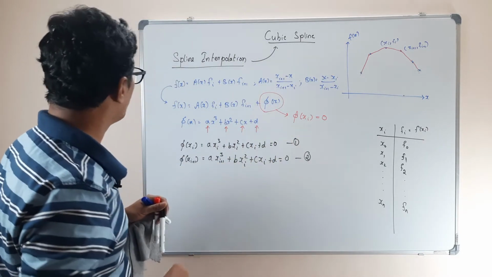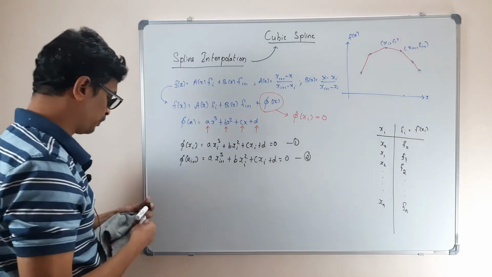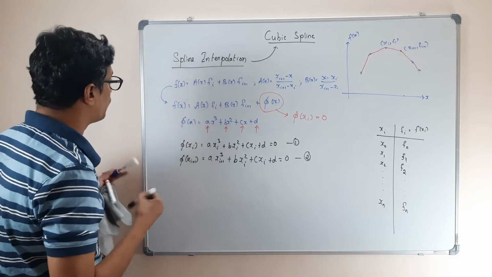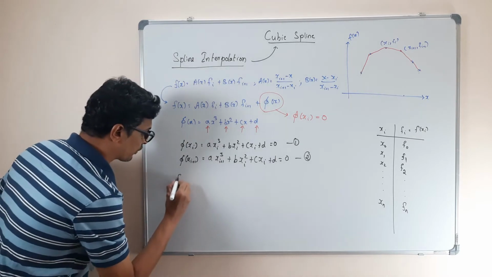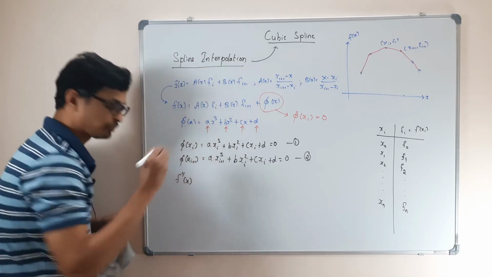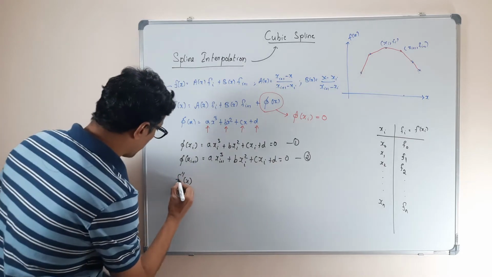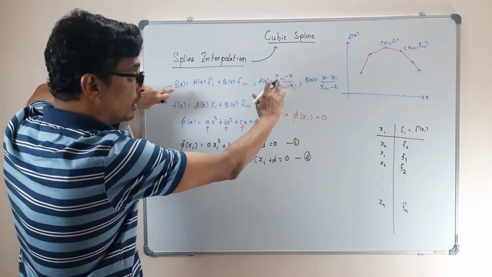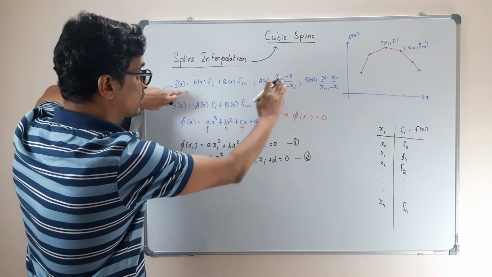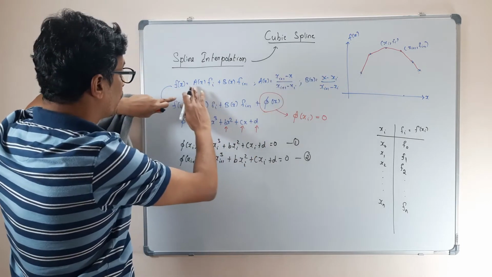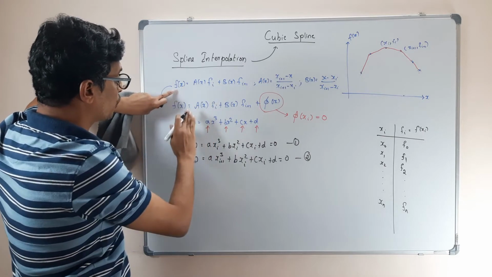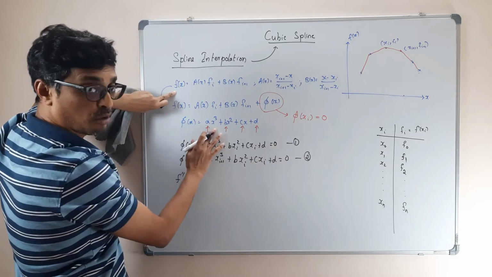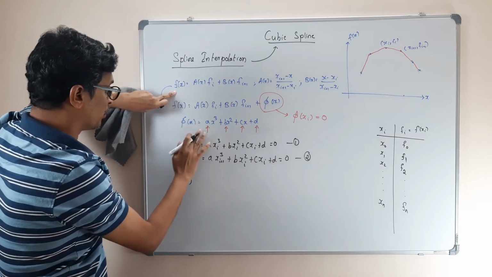Now let me think of the second derivative of this function. What will be our f double prime of x? Now you see a of x and b of x are linear functions, linear in x, so of course these terms will vanish. Because phi of x is a cubic polynomial, this is the only term that is going to survive.